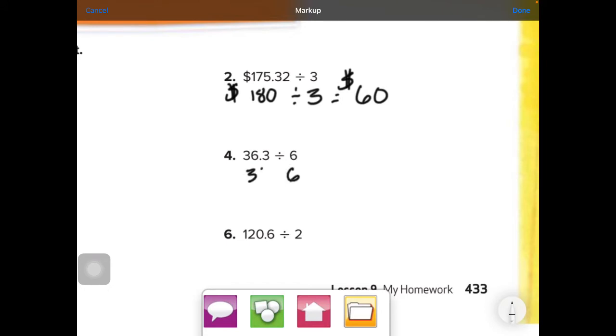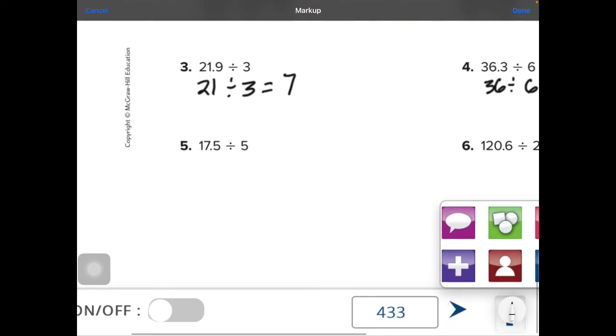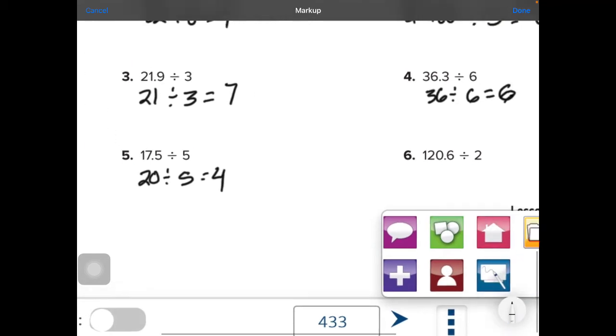Okay, 36.3 divided by 6. Yep, you've got it. All right, 17.5 divided by 5. Well, I'm going to keep the 5, but I'm going to bump the 17.5 up to 20 because that's a little more compatible.